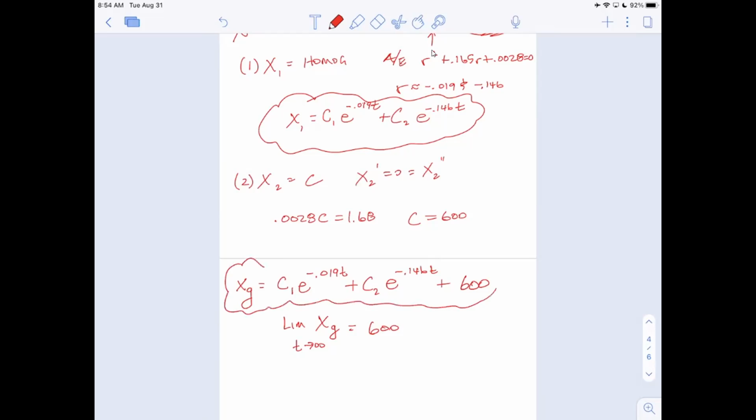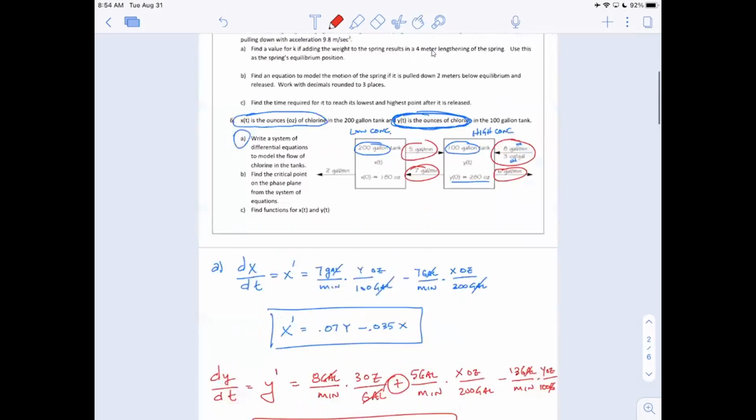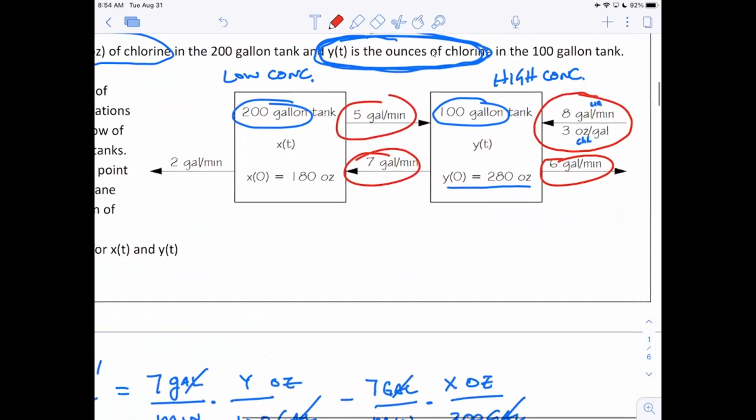Now, we're not done because we haven't figured out our particular equation for g, and I've got to go back to this problem to determine what were the initial conditions. X of 0 was 180, y of 0 was 280.